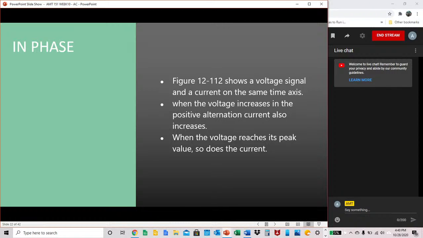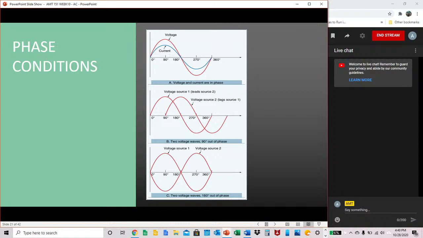In that figure, and this is the figure from your book, this shows a voltage signal and a current on the same time axis. When the voltage increases in the positive alternation, current also increases. When the voltage reaches its peak value, so does the current. Okay, so it doesn't mean that they're exactly the same, but they move the same. So both of the peaks are together.